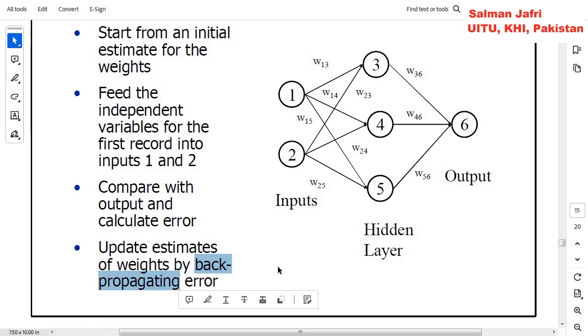So this process is called back propagation. We take the inputs, we calculate the outputs, then we compare with the known output, and the error is back propagated through the network to adjust the weights. So this is how the neural network is working.